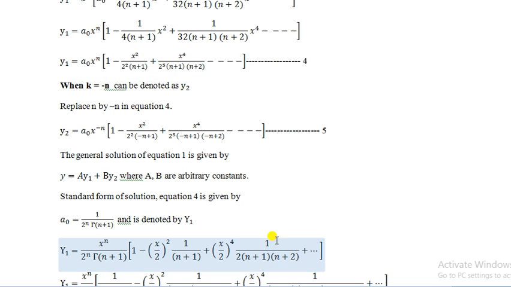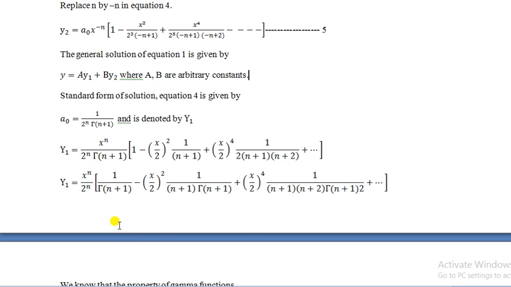And the next term is 1 divided by (n plus 1)(n plus 2). So x raised to n, 2 raised to n. Now multiply this whole bracket by 1 divided by gamma of n plus 1. So the first term is 1 into gamma of n plus 1. The second term is 1 divided by n plus 1 into gamma of n plus 1. The third term is 1 divided by (n plus 1)(n plus 2) into gamma of n plus 1. Write the 2 in the denominator.